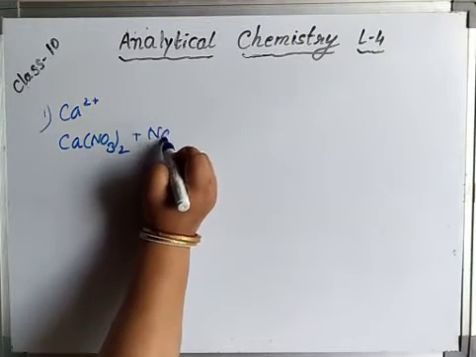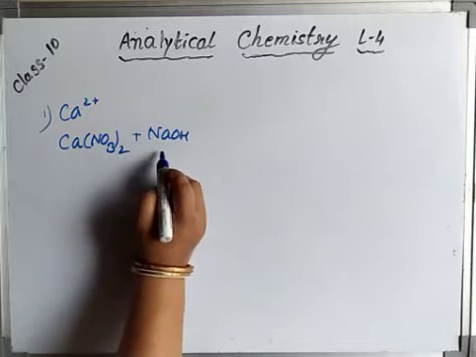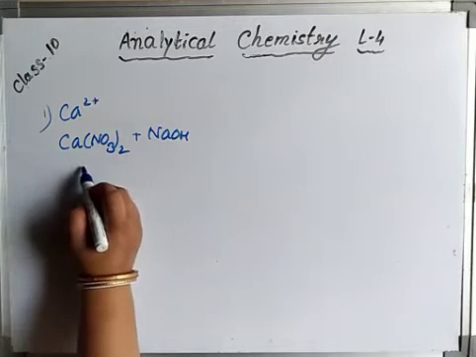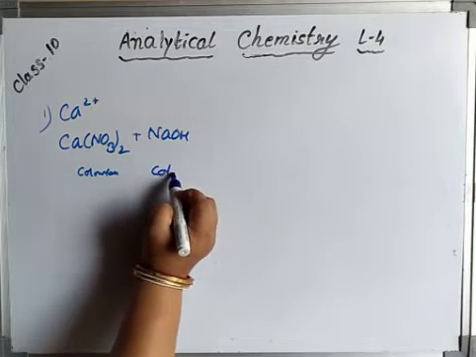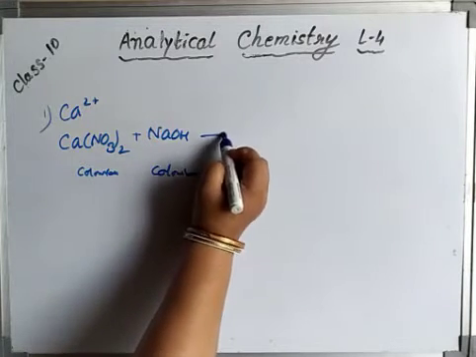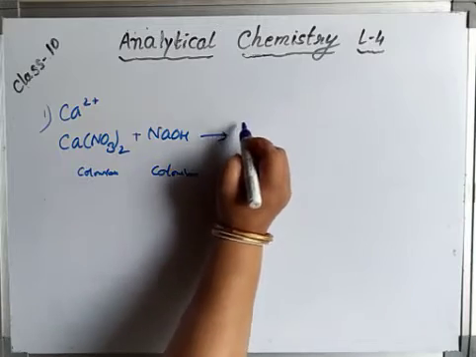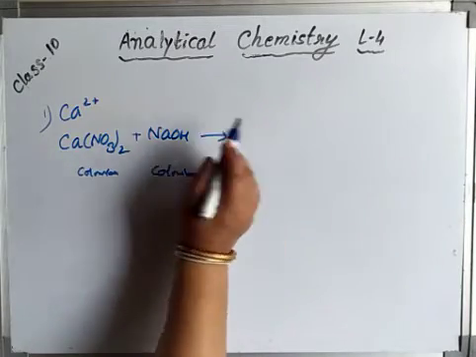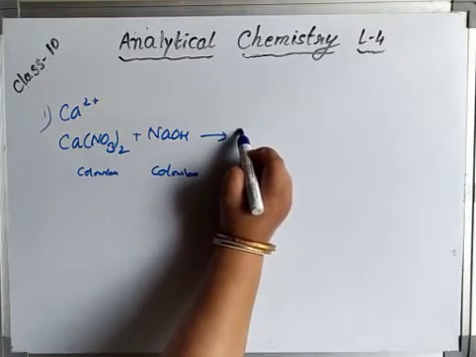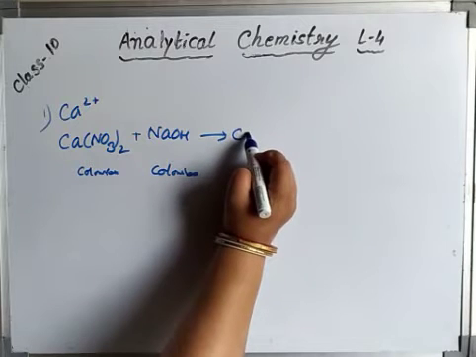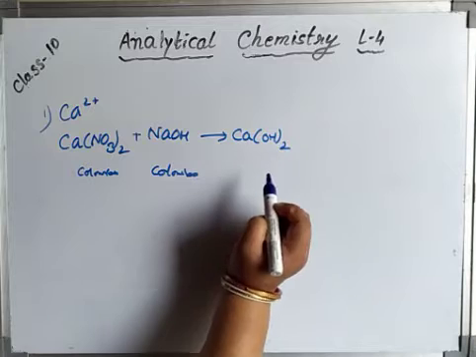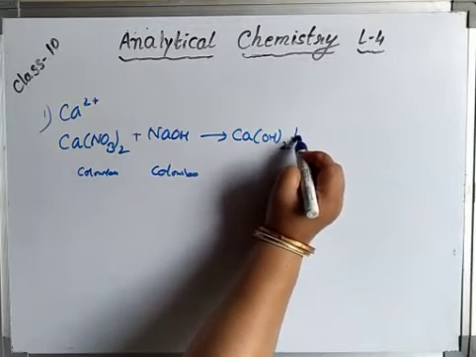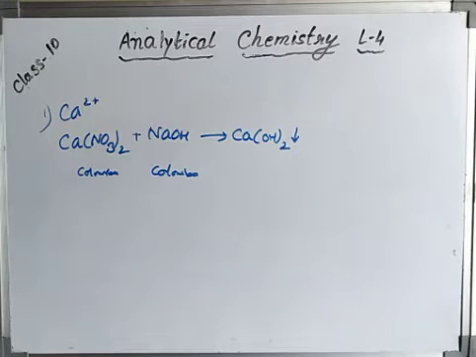It reacts with sodium hydroxide, an alkali. Both are colorless solutions. Now when it reacts, it gives the respective hydroxide. Double decomposition is going on. The respective hydroxide will be given, that is Ca(OH)2, and this is a precipitate.